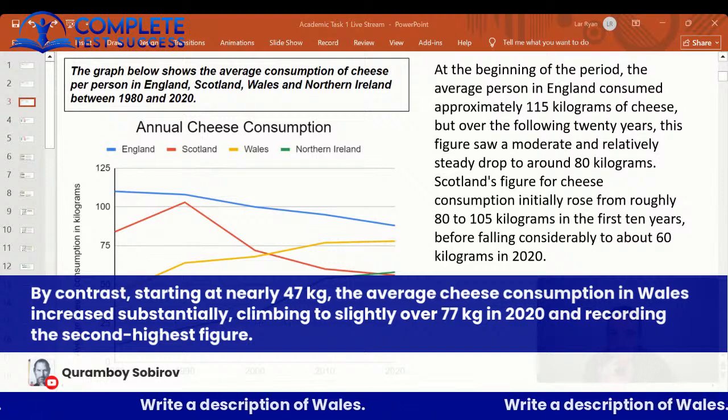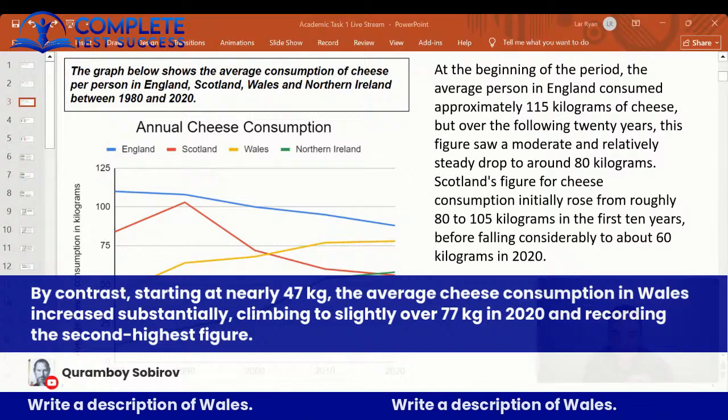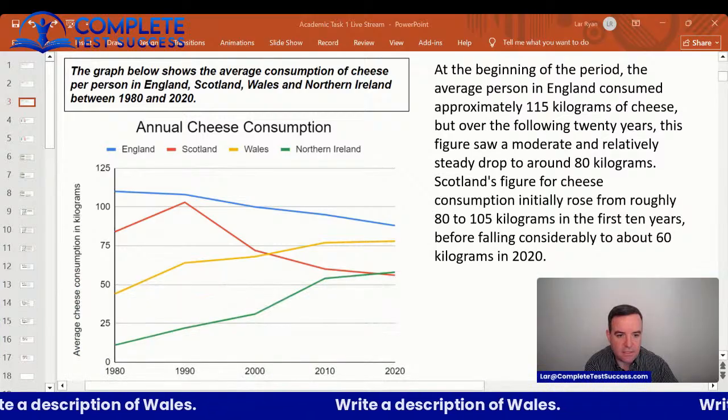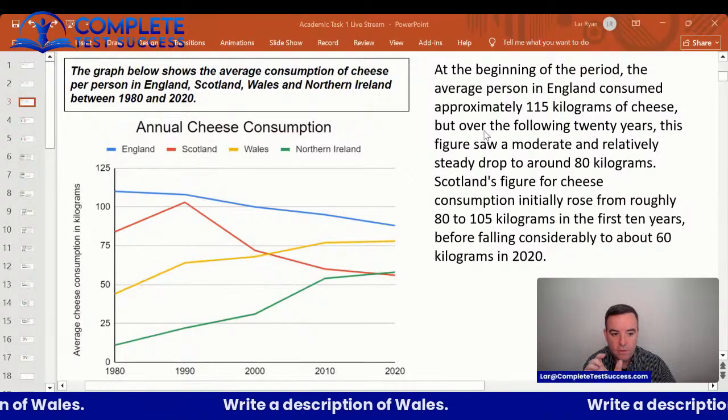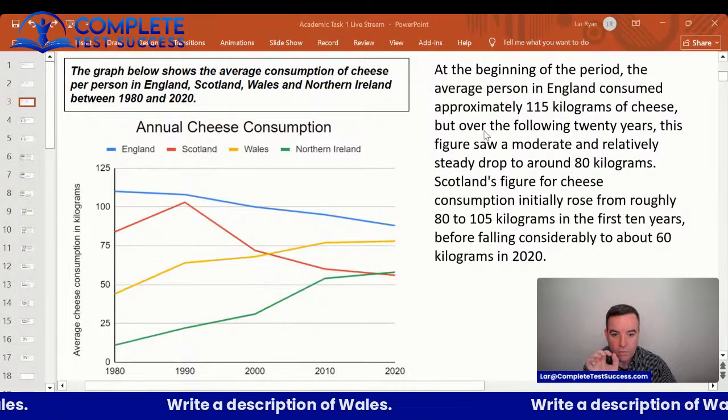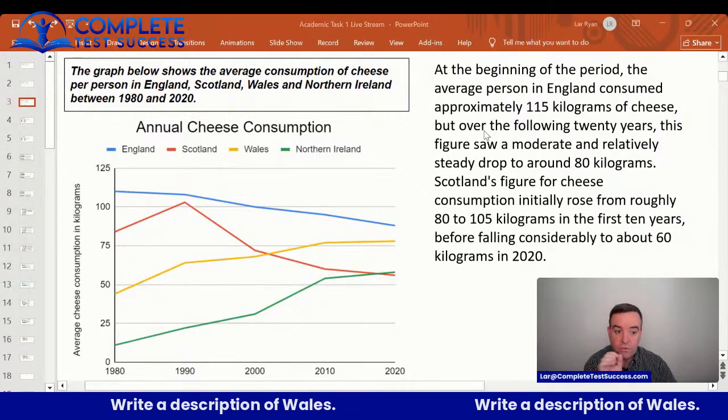Rather than saying "and recording," let's maybe say "which was the second highest figure at the end." Make it clear that that's what we're talking about. So again, you always want to make it really, really clear: when was it? In what year are you describing?